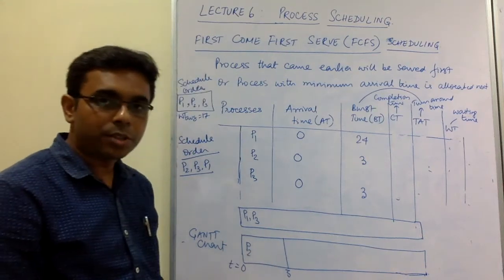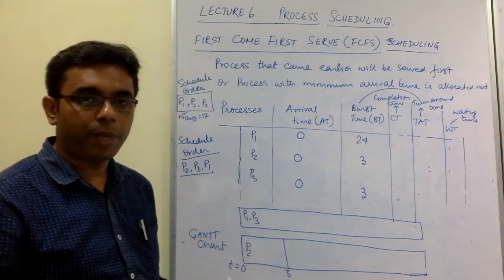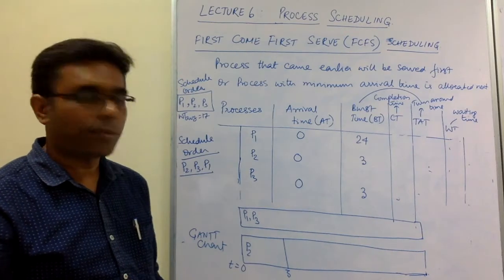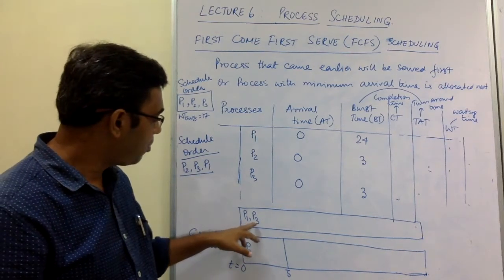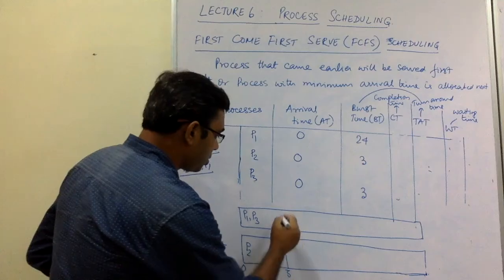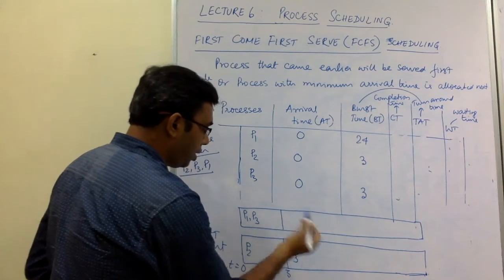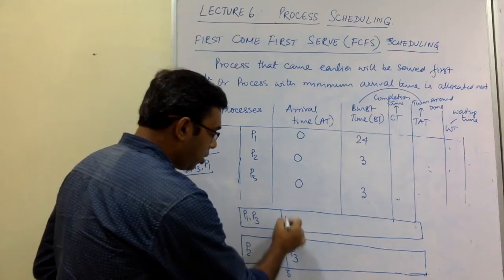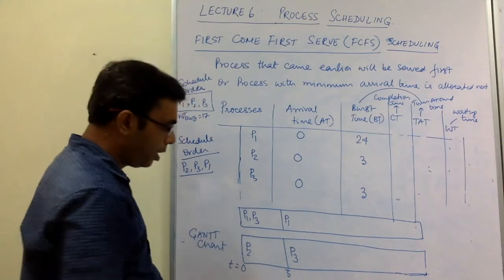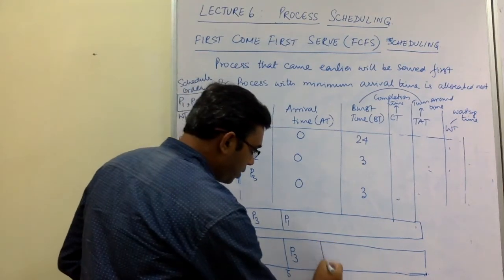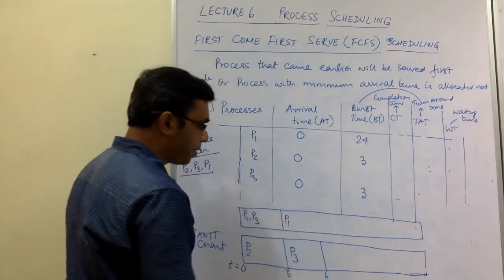Because P2 completes its execution, the scheduler comes into play and picks up one process from the queue. Say P3, so here P3 gets executed. The only process left in the queue is P1. P3 takes 3 more units of time and finishes at 6.